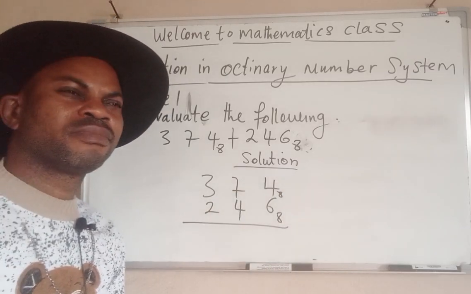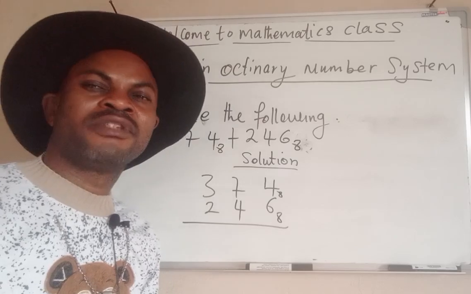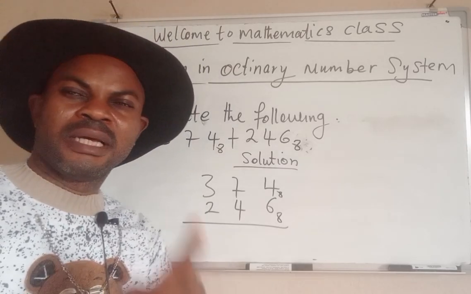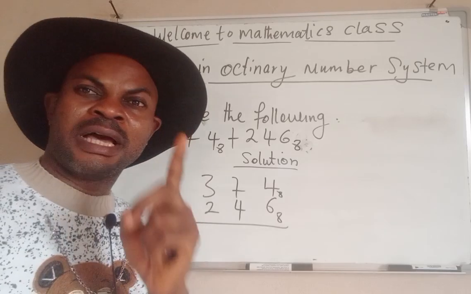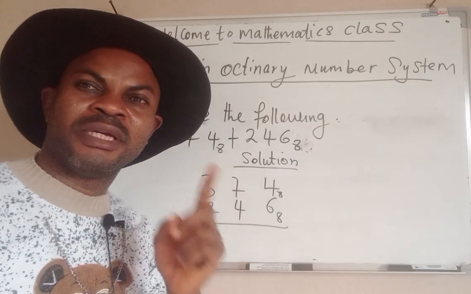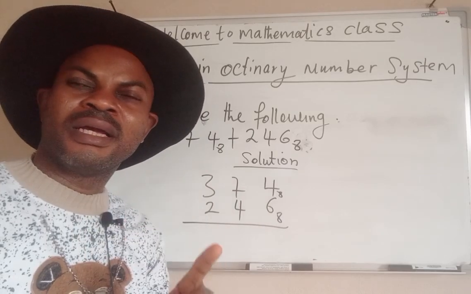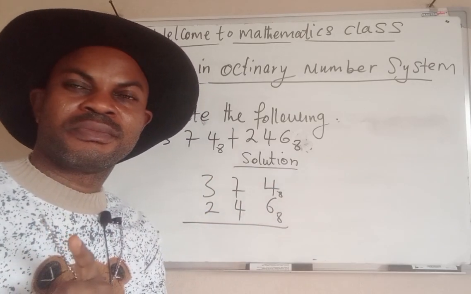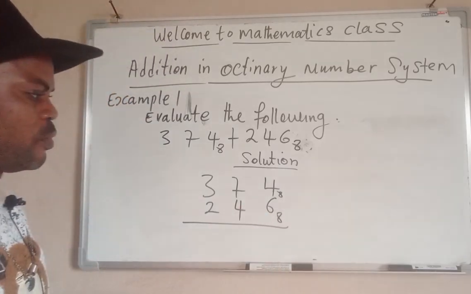What do we do? This is the more reason, during the course of dealing with the binary number system, I said there's no point cramming. Apply the same principle I used in dealing with binary instead of cramming. This is where the method I used over there is going to be more relevant to you, so you don't need to cram.